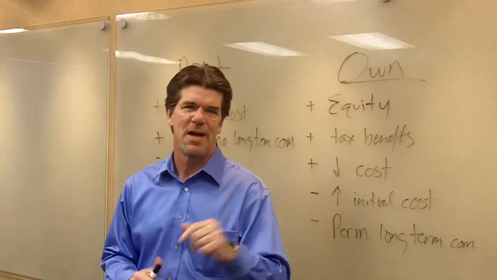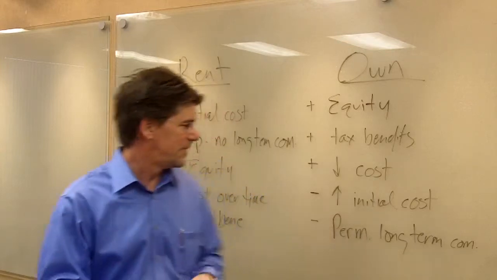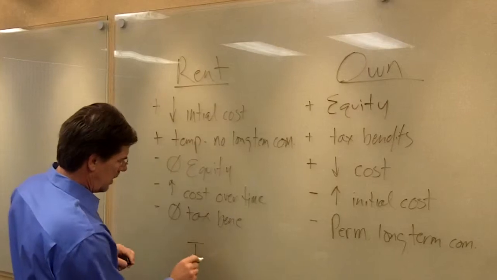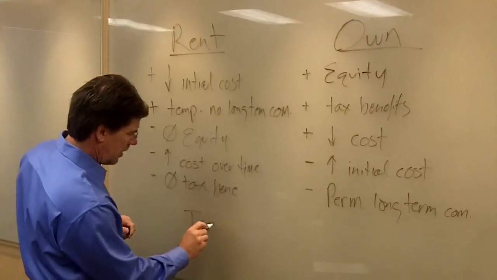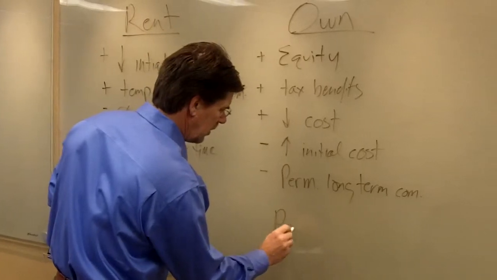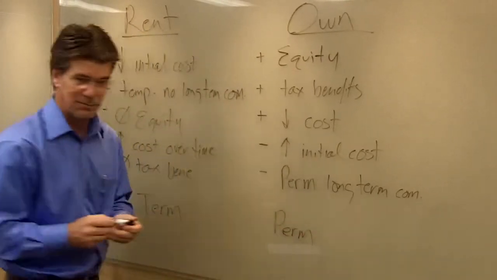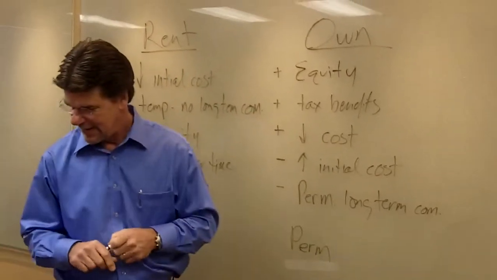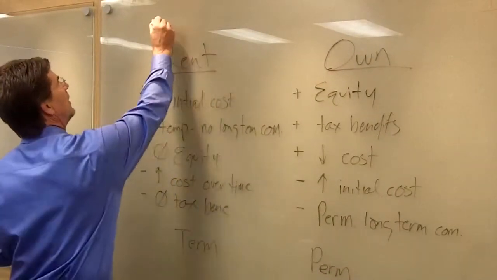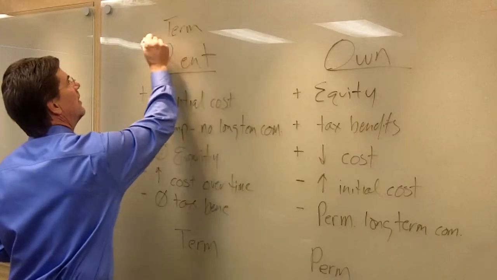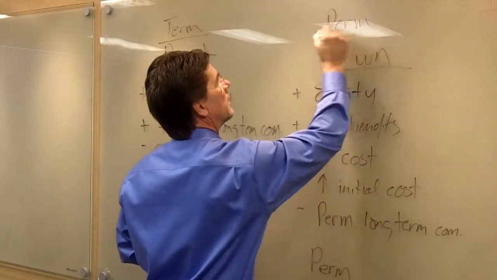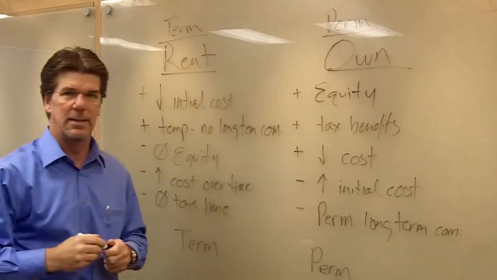There's two kinds of life insurance: term and perm, or permanent. That's it. So we can simply put there is term and there is permanent. That's it.